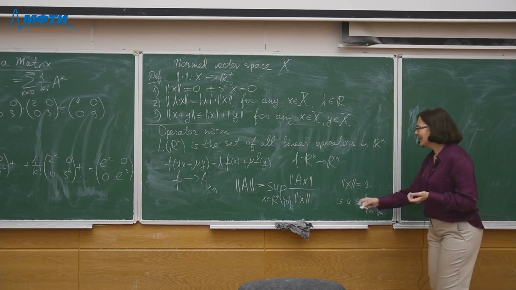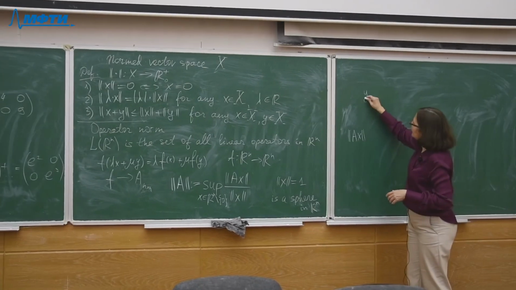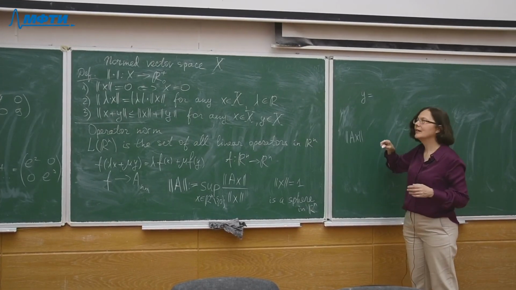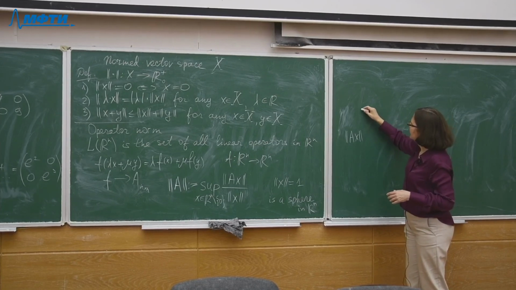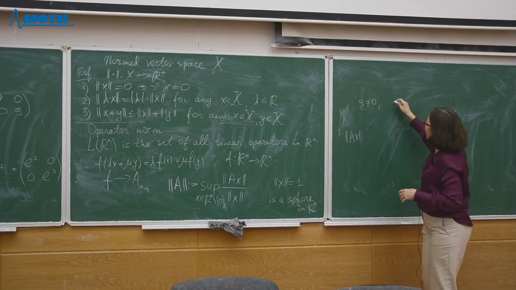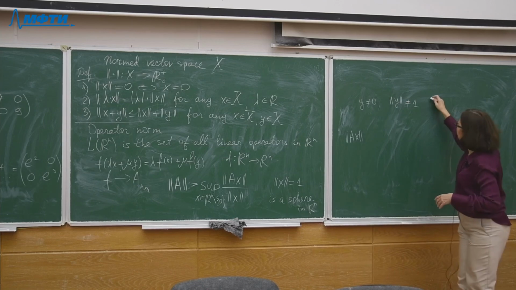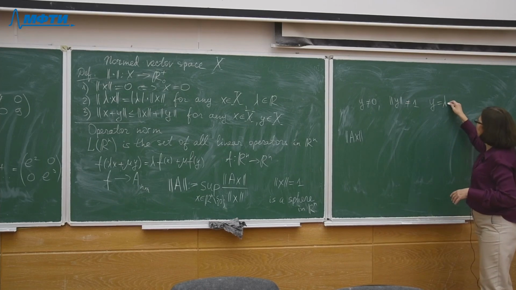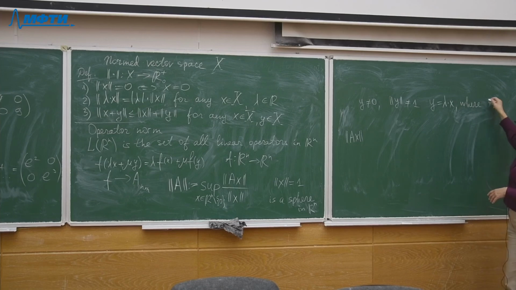Right. But if the norm of x is not 1, if for some y such that y is not 0 and the norm of y is not 1, we can represent y as lambda times x, where the norm of x is 1.